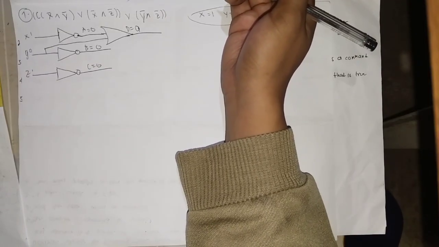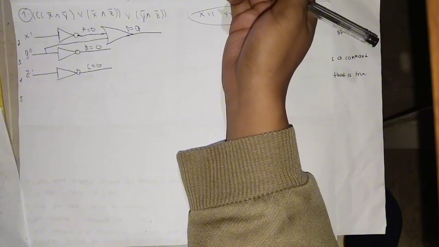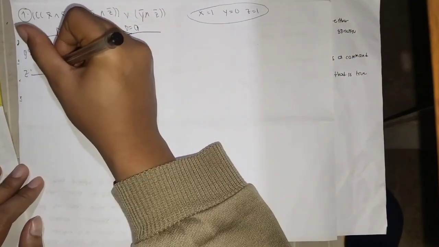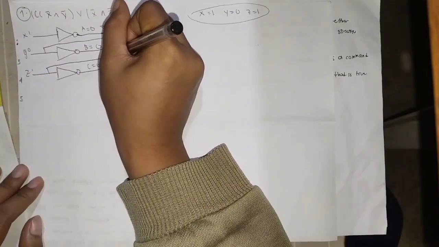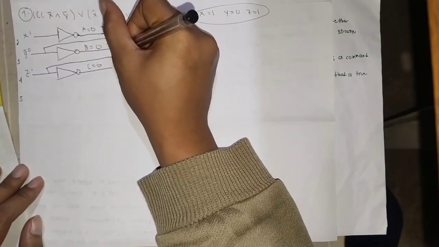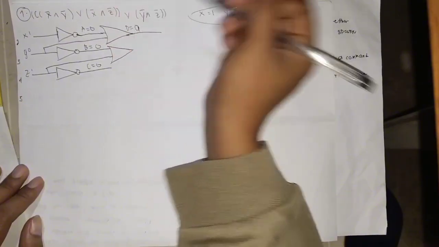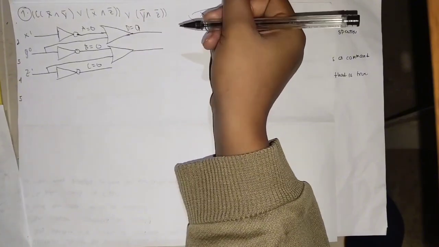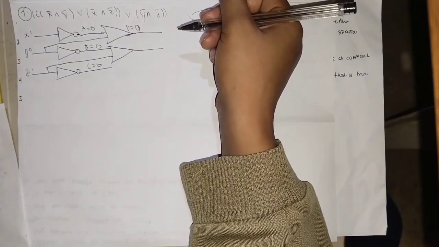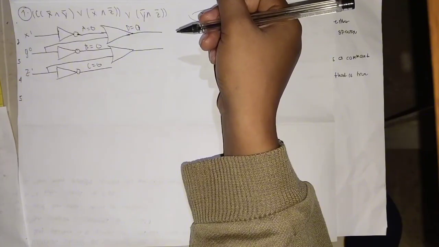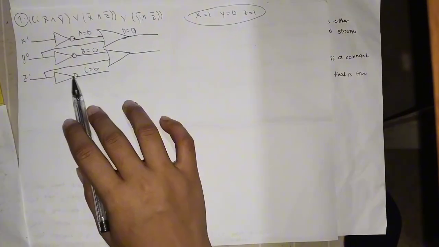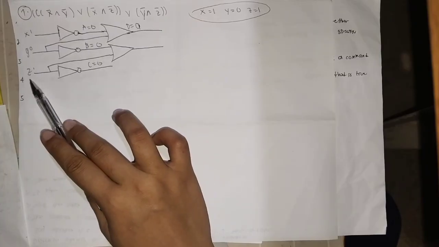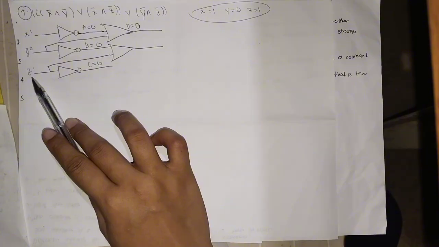So the second NOR gate, we will draw a NOR gate here. The second NOR gate takes B, which is 0, and Z, which is 1, as input.